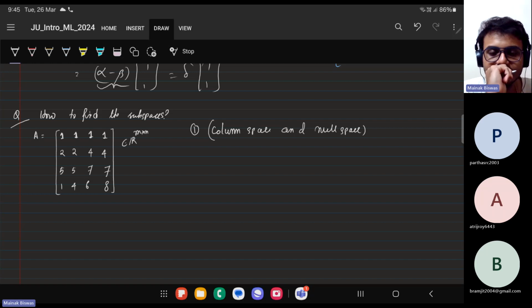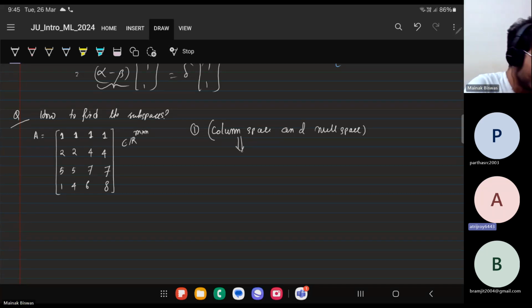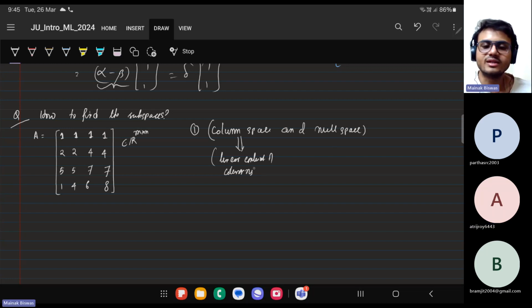Can you tell me, what is column space? Like the linear combination of columns. So I will need to find basis vectors, right? Yes or no? Yes. The columns can be dependent.